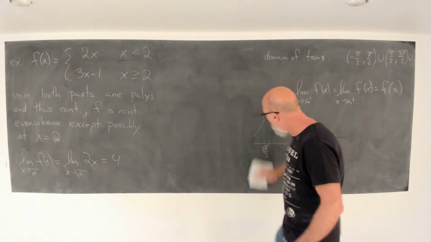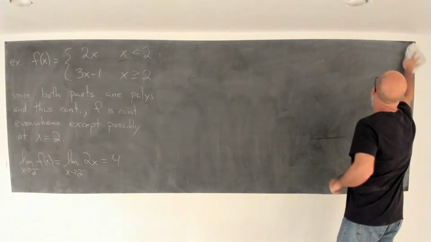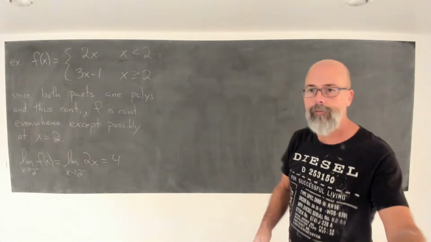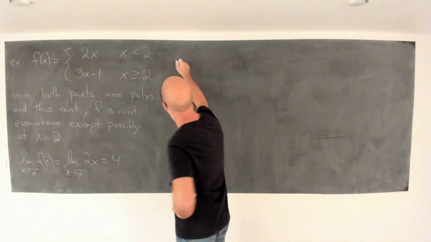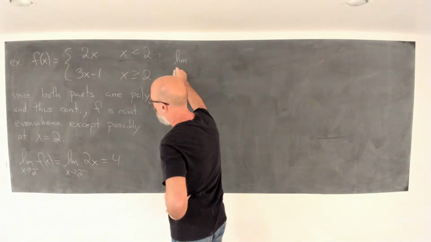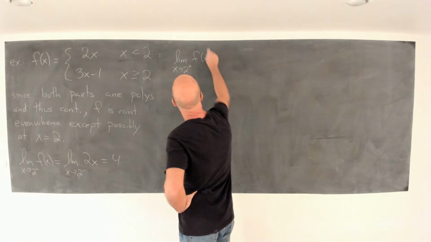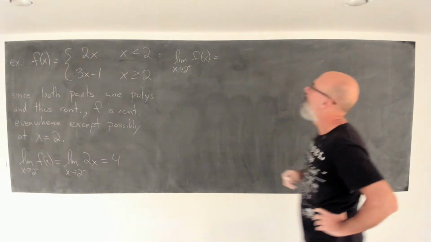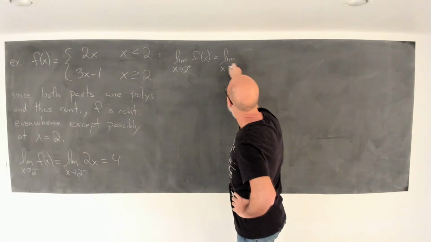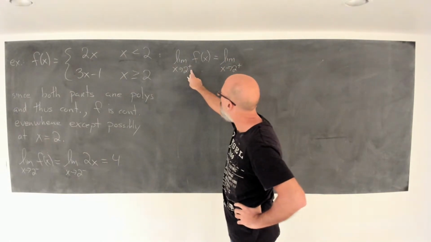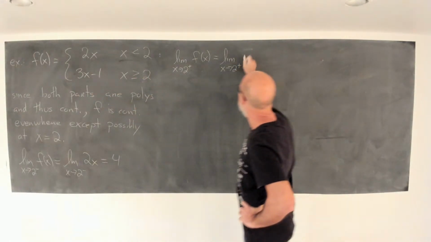Let's consider the limit from the right. We're going to discuss the idea of jump discontinuity. Well, actually, we'll probably use this example to introduce that term. For values bigger than 2, what is your function? For values bigger than 2, your function is 3x minus 1.